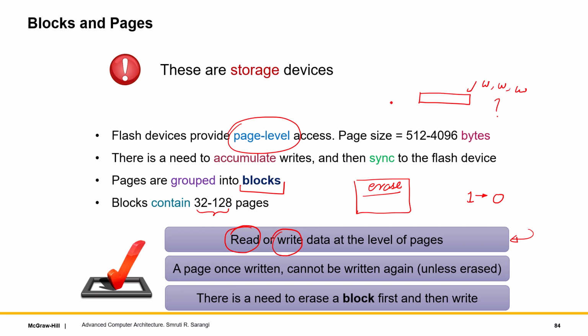So what we can do is that every flash device can have a small DRAM based cache which will absorb this entire sequence of writes and convert it into a single write. So the entire sequence will be replaced by a single write.